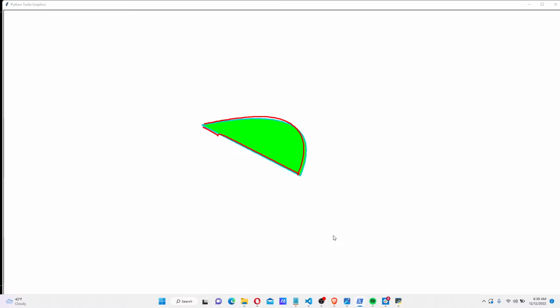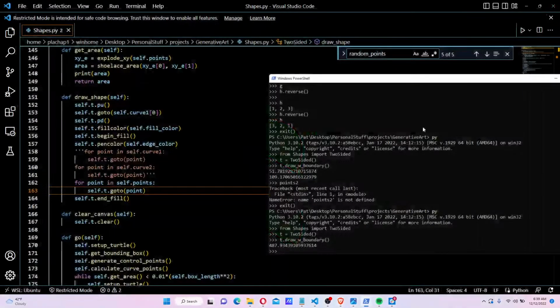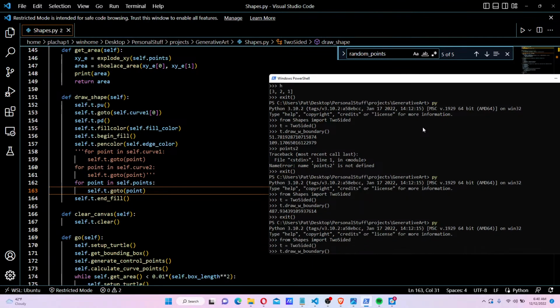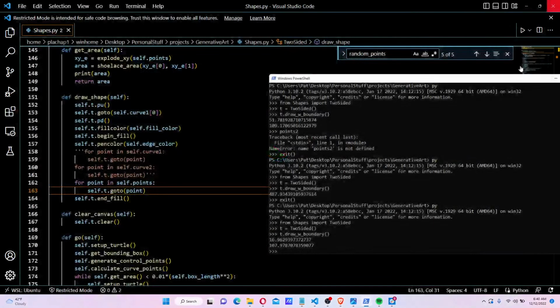Well, that's interesting. Exit. So I think that works. I mean, obviously the red one doesn't work.